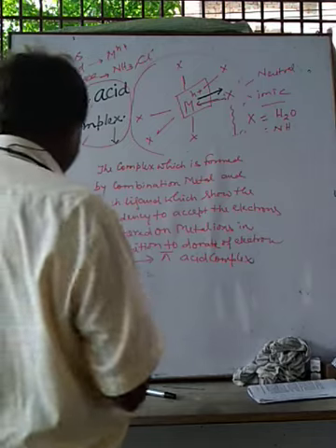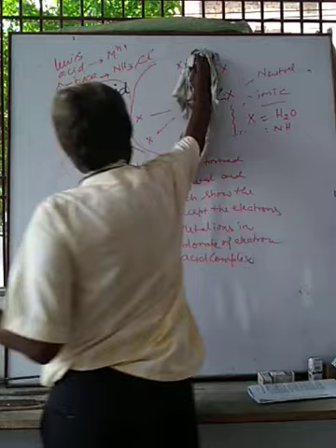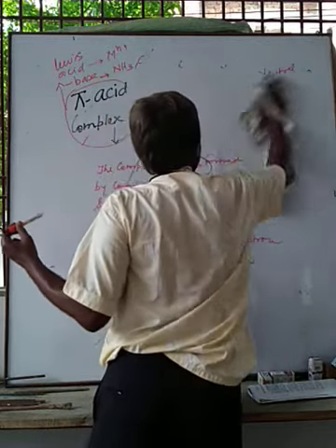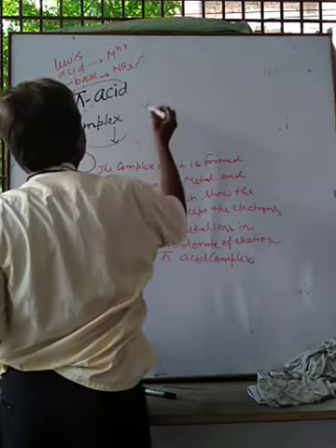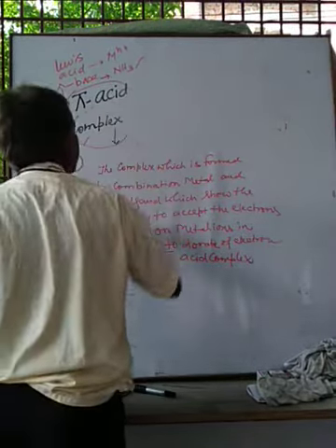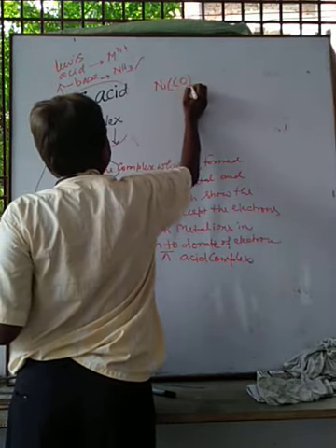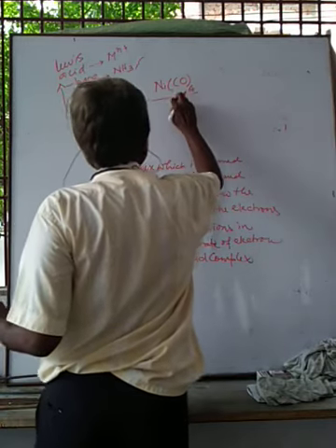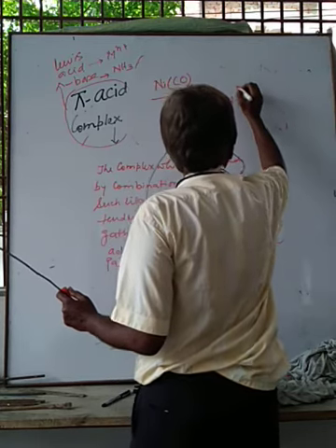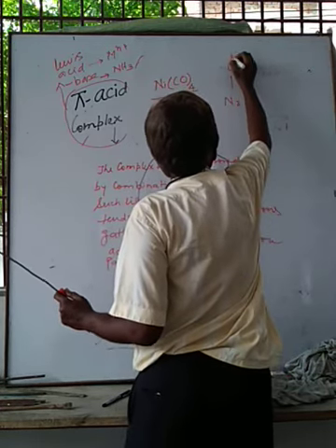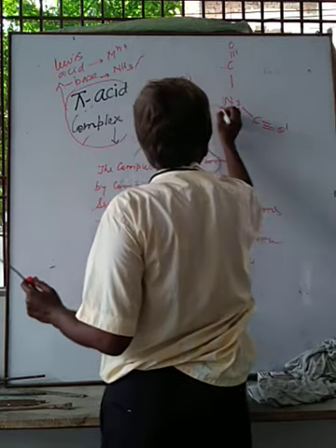Okay. For example, if I write down an example like nickel carbonyl, in this complex the metal is nickel and the ligand is carbon monoxide.